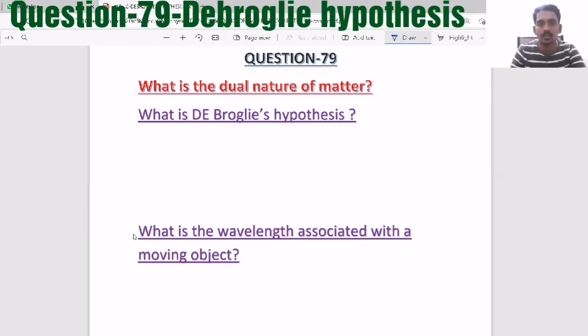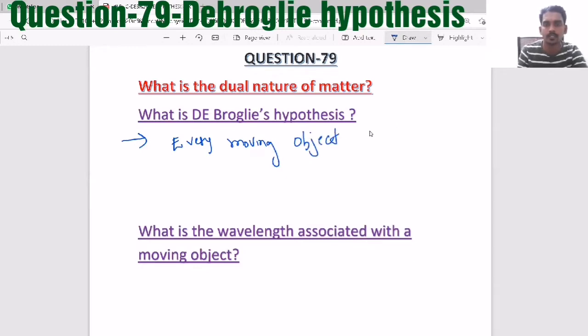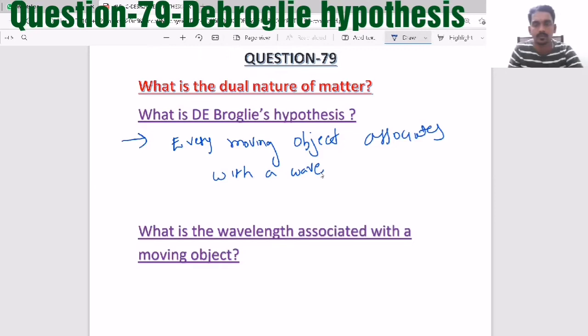Today we are going to discuss the dual nature of matter, nothing but the de Broglie hypothesis. So every moving object associates with a wave.